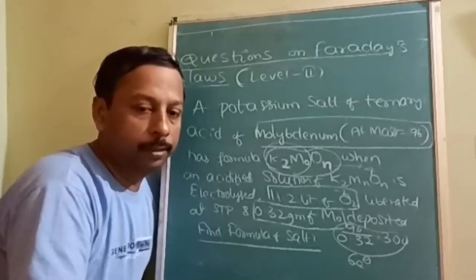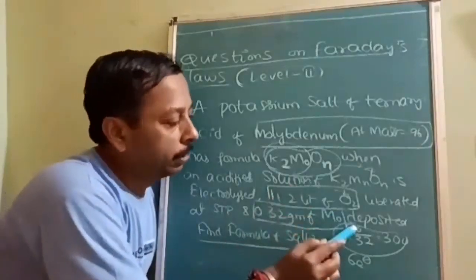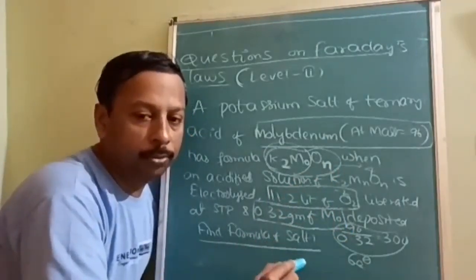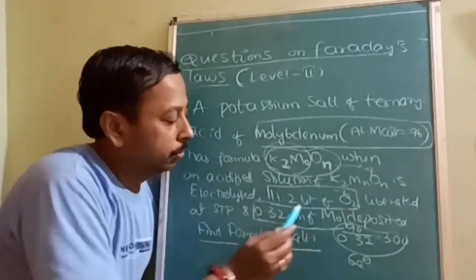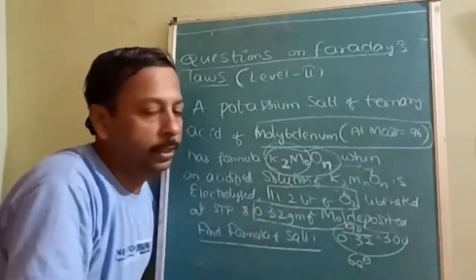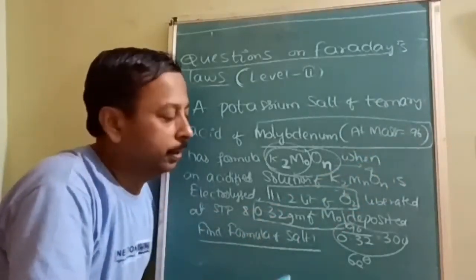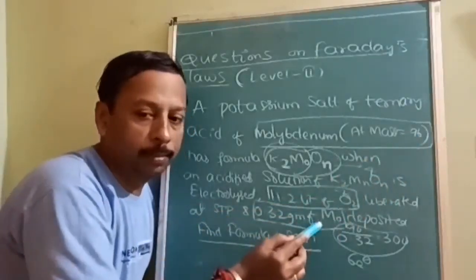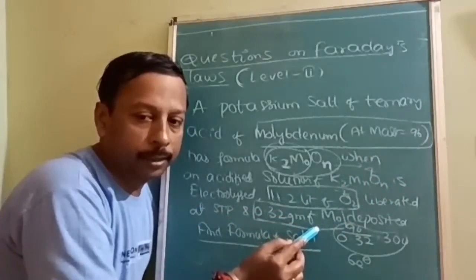If you do a rough calculation, since it is an integer type question, I am telling you this to save time. So 0.32 grams and the atomic mass is 96, from this we can say 0.3 moles.